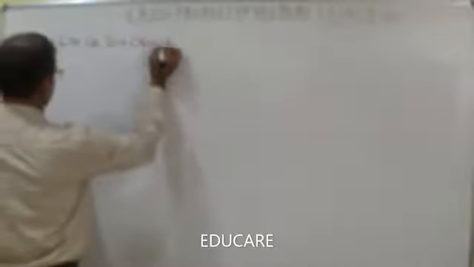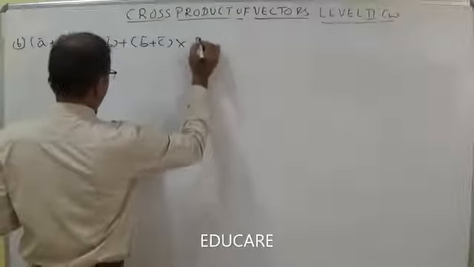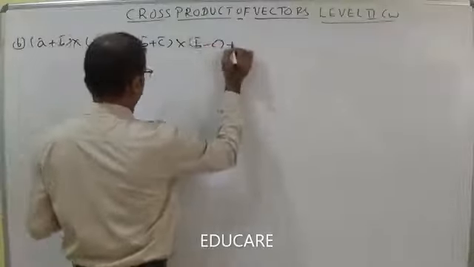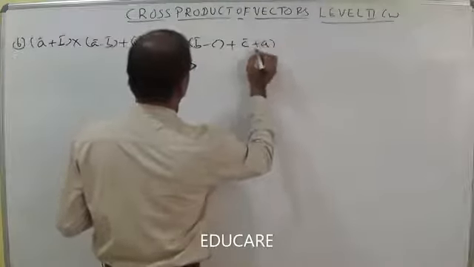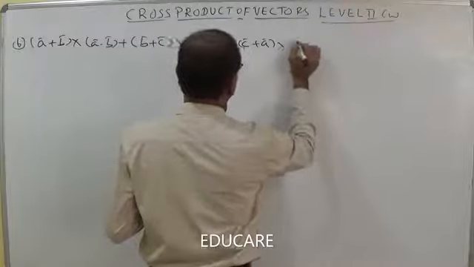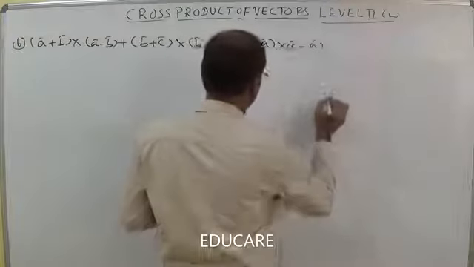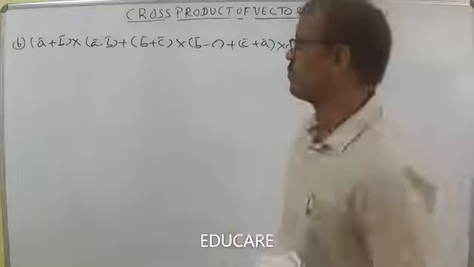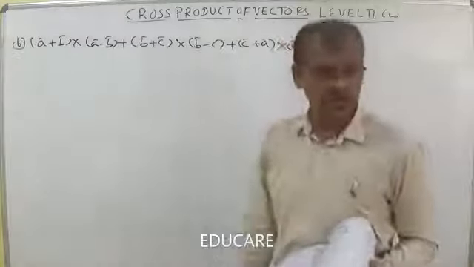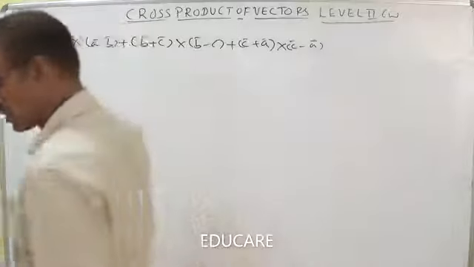A bar plus b bar cross a bar minus b bar plus b bar plus c bar cross b bar minus c bar plus c bar plus a bar cross c bar minus a bar. It is a cyclic expression he gave. Students, this is not multiplication, don't get confused and don't write a plus b into a minus b as a square minus b square. You should not write like that.